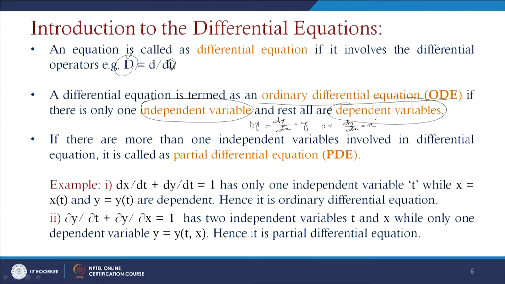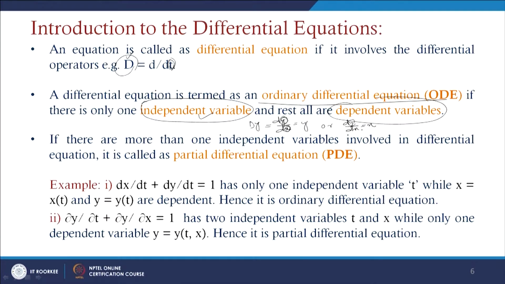Then we can say it is an ordinary differential equation, since we have one dependent variable and one independent variable here. It is called an ordinary differential equation if there is only one independent variable. Here x is the independent variable and y is the dependent variable, and in the other one also the same thing.